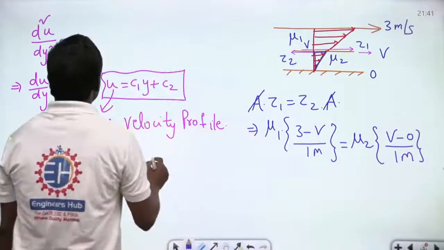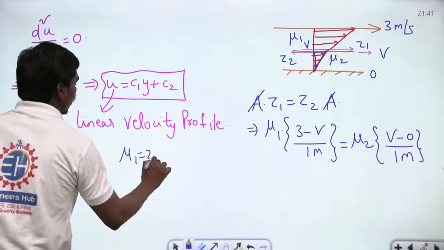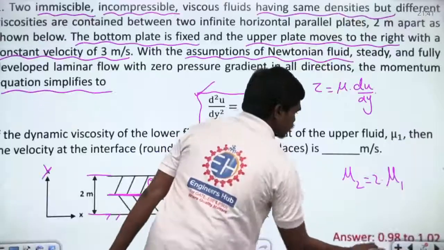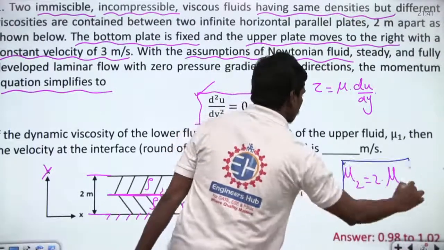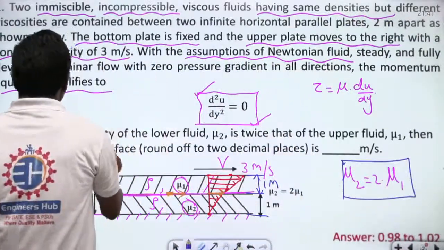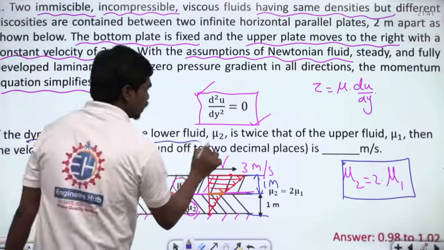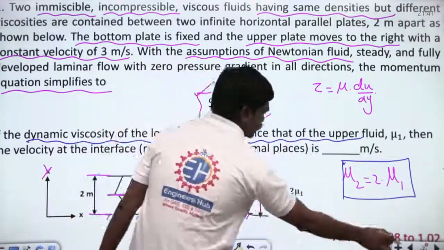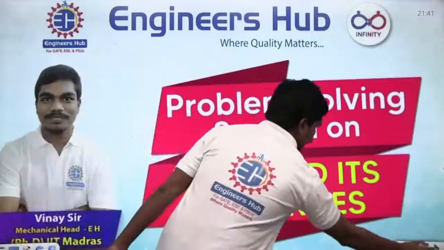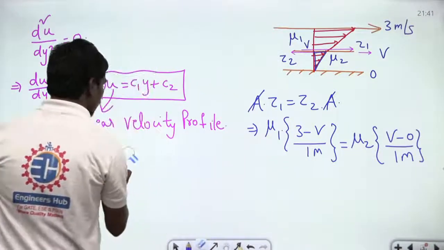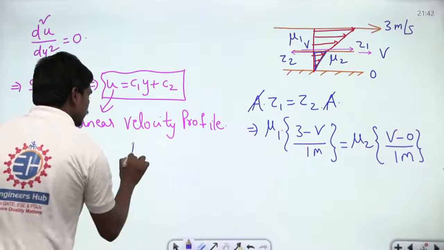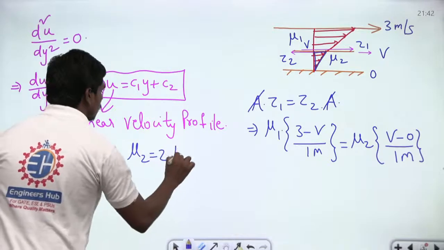It is clearly given. Let us read: the dynamic viscosity of the lower fluid mu2 is twice that of the upper fluid. So mu2 is equal to 2 times mu1.